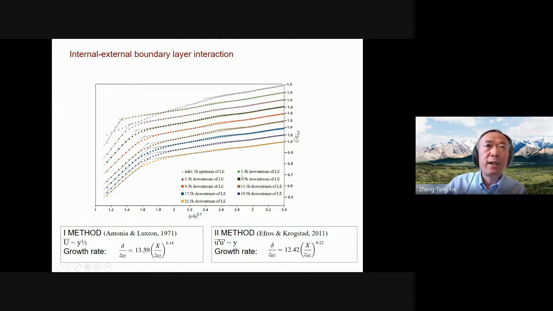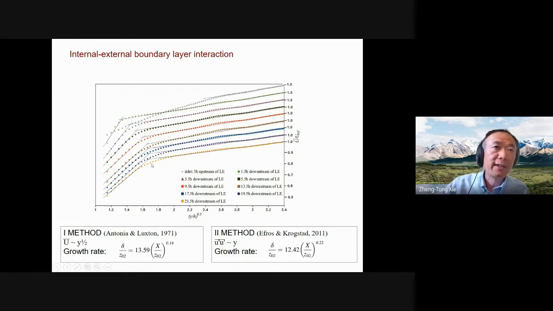And then you come to 1.5H downstream of the leading edge of the array. The leading edge is the edge of the entire array of the blocks, right? So now you can see, remember, this is y over H with power 0.25. So this gives you a better way to show the interface and this mean flow. So you can see the interface downstream is something like that.